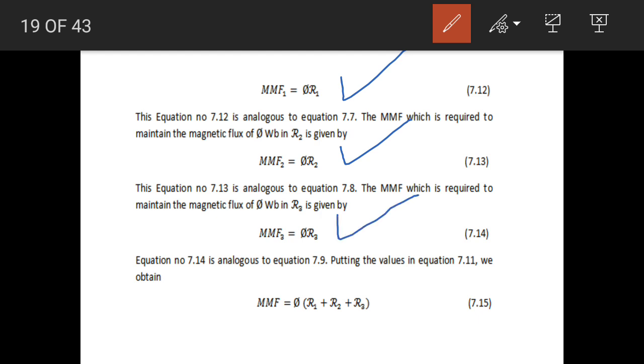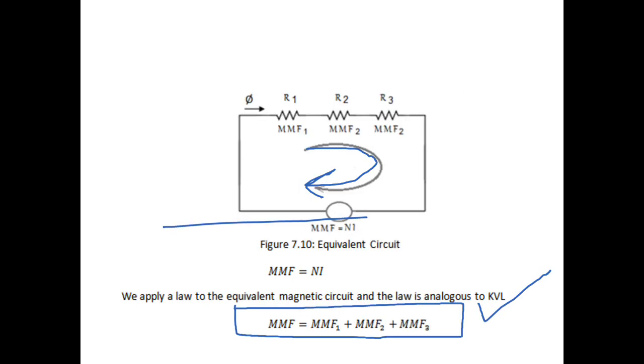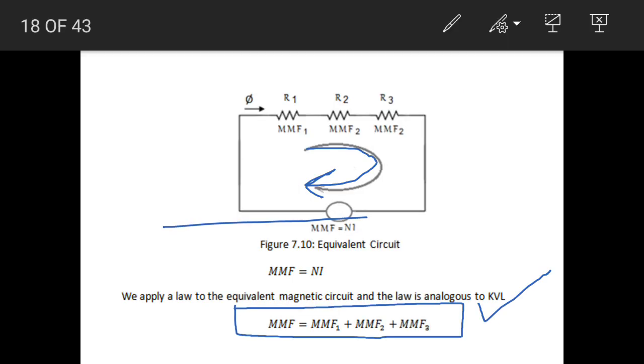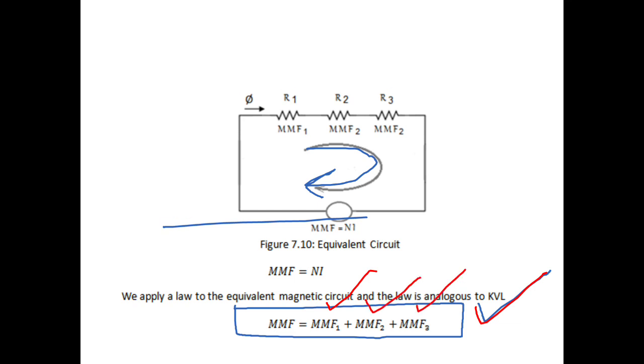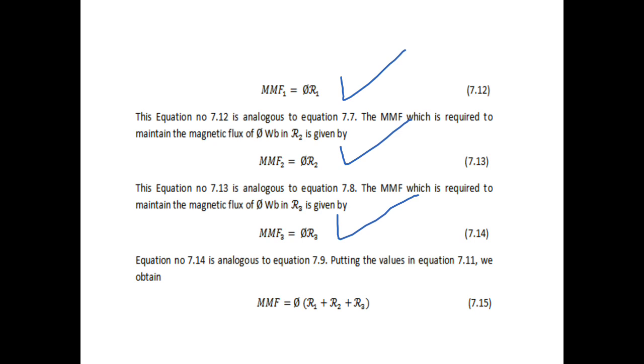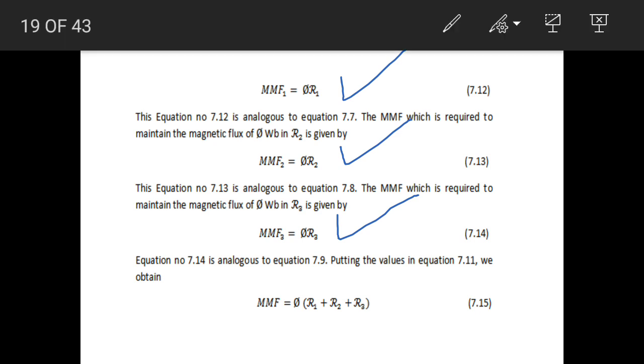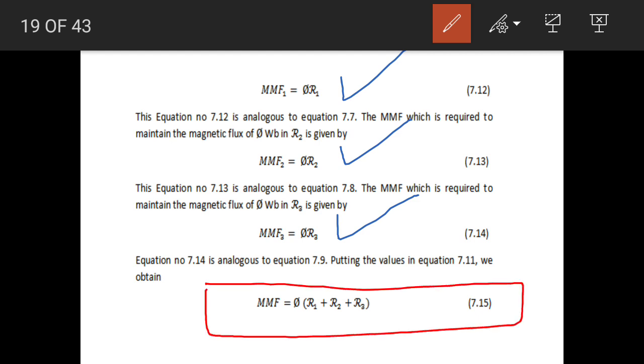If I put the values of MMF1, MMF2 and MMF3 in this particular equation, I obtain equation number 7.15. So the total MMF will be equal to phi into R1 plus R2 plus R3.